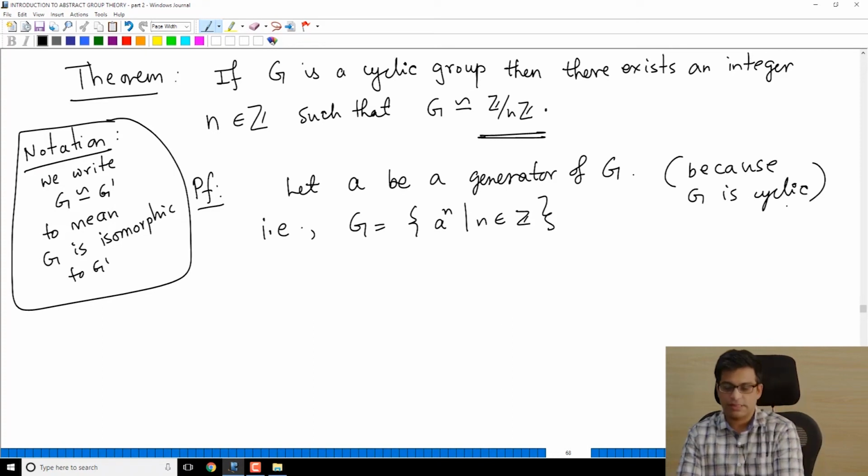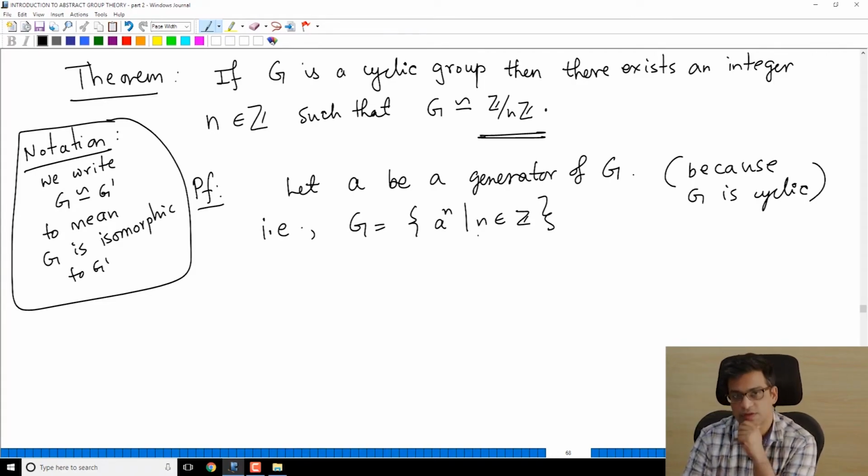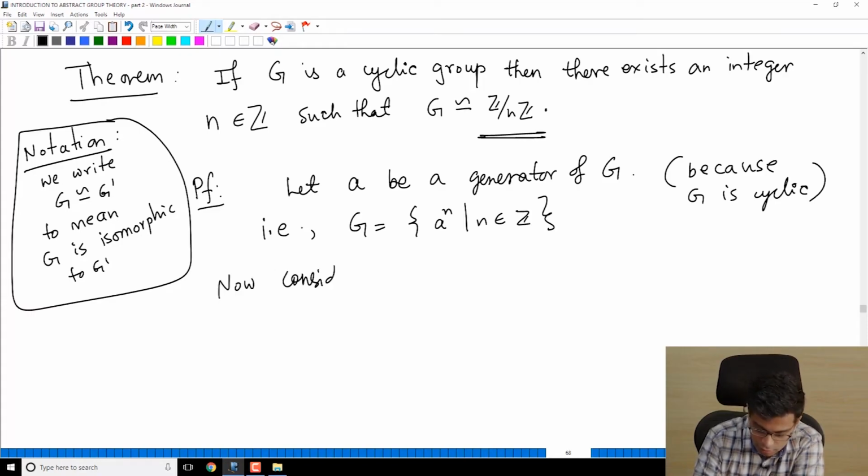We are assuming that G is a cyclic group. So there is an element a such that its powers span or cover all of G. So the set of a to the n, as n varies over integers, is equal to G.